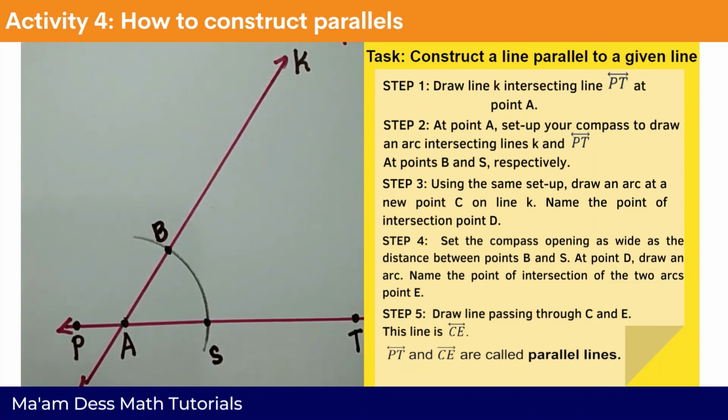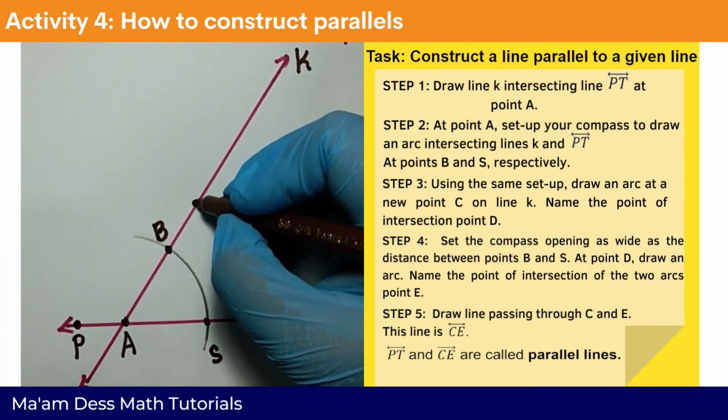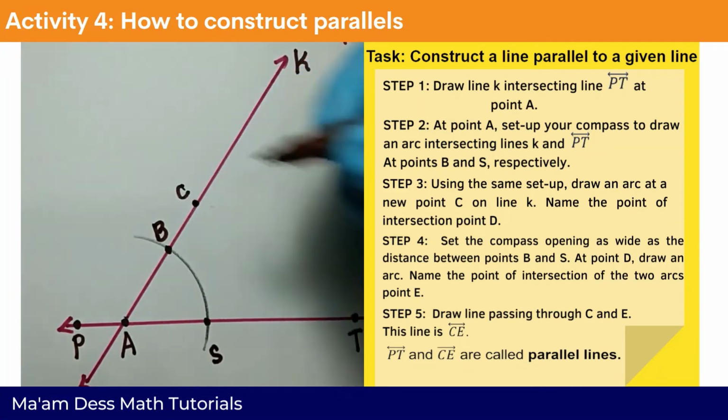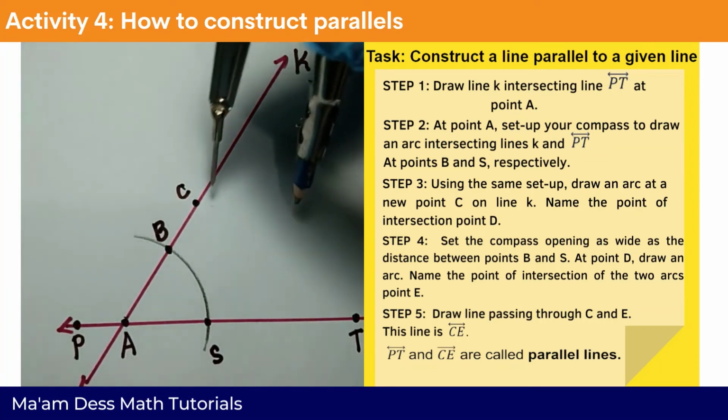For the next step, using the same setup of your compass, draw an arc at a new point C on line K. So, we create a new point, C. And then label it with letter C on line K. Okay? And then, make an arc again.